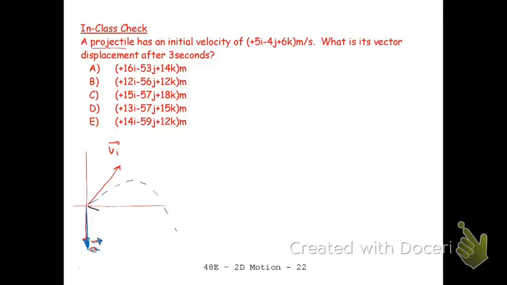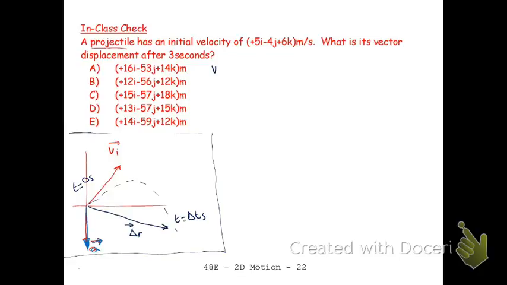So now we have a displacement. So there's my delta r. And this is at t equals 0. This is t equals, let's call it delta t seconds, whatever it is. So there's my visualization.